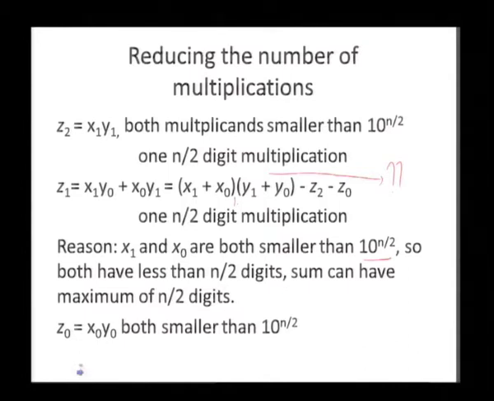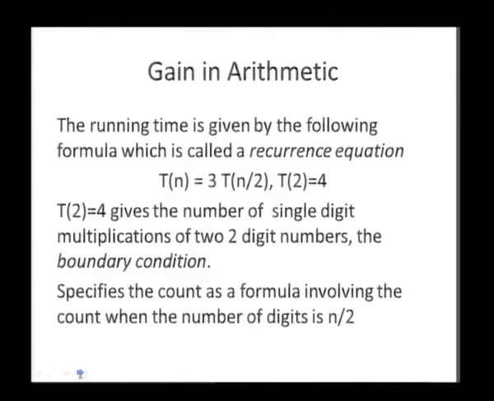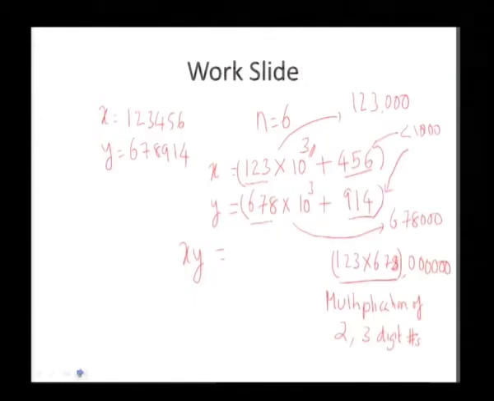So, let us just go back to our example. Observe that 456 and 914 are 3 digit numbers. When you add both of them, at the most you can get a 4 digit number.